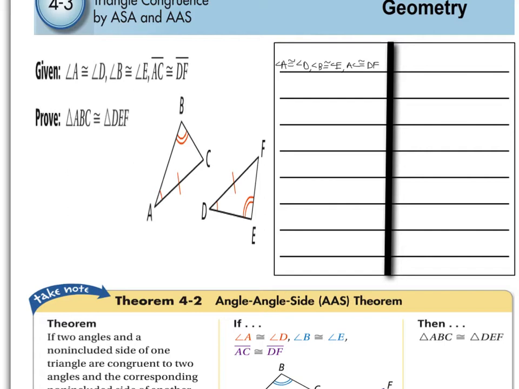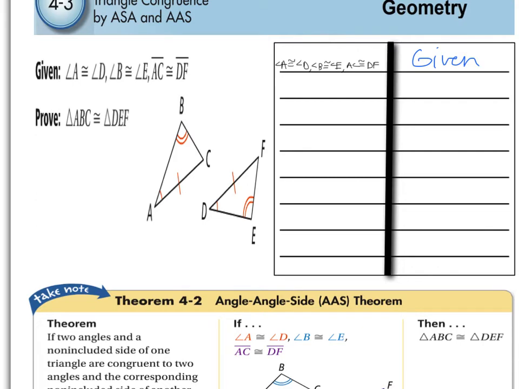Now that we're back from hitting pause, we've got the first step in there already, and that's our given. We said angle A is congruent to angle D. Angle B and angle E are congruent. And then AC and DF are congruent.